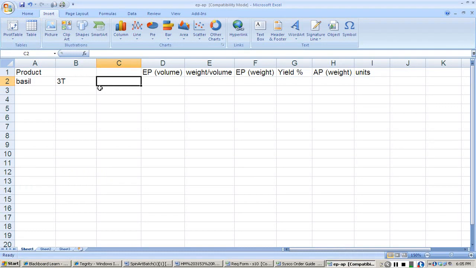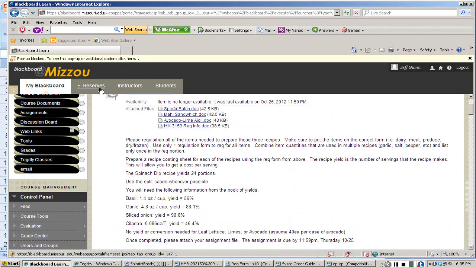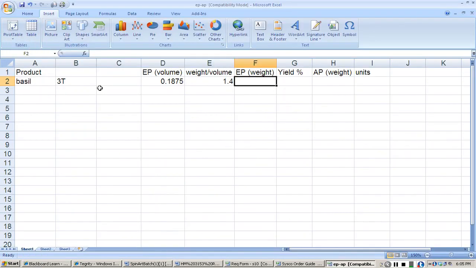So my EP volume is going to be 3 tablespoons divided by 16 tablespoons in a cup. And we said that my weight is 1.4 ounces per cup.